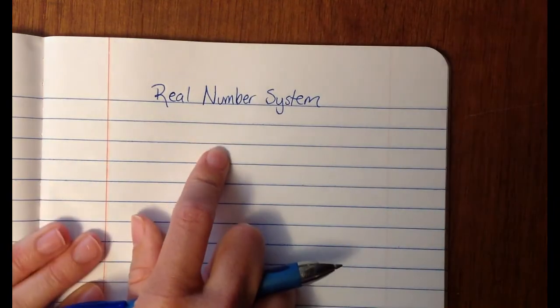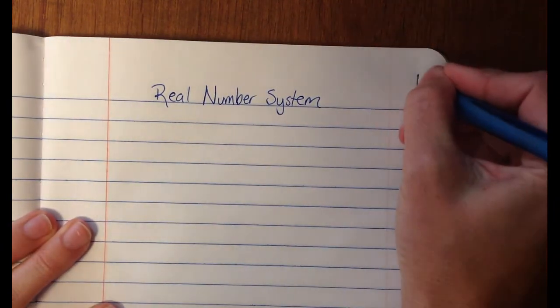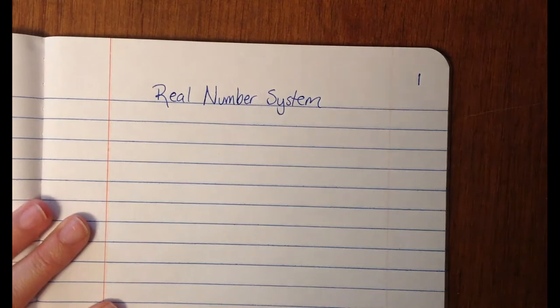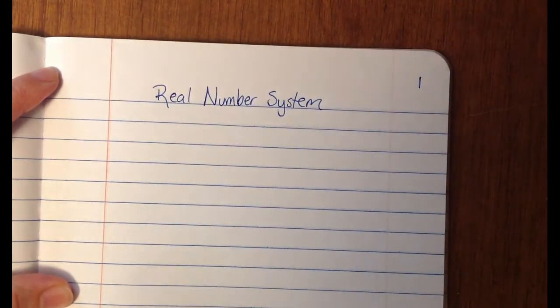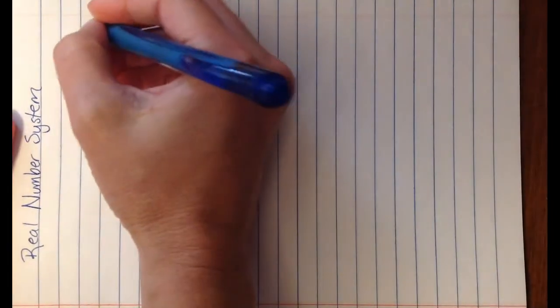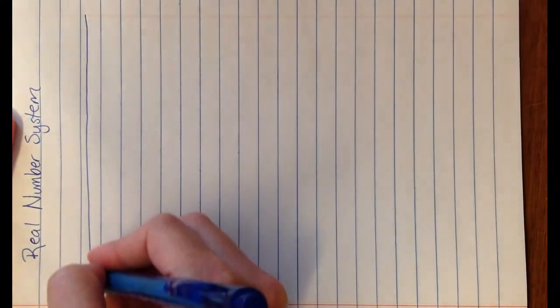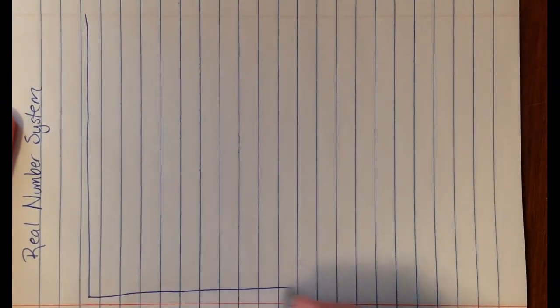And so we want to make sure that we write the title up at the top. And if you want to put page 1, because this is going to be the first page of notes, then for the real number system, we just want to sketch out that box in that system that we talked about. So I'm going to turn my page sideways, and I'm going to draw my rectangle in the center.